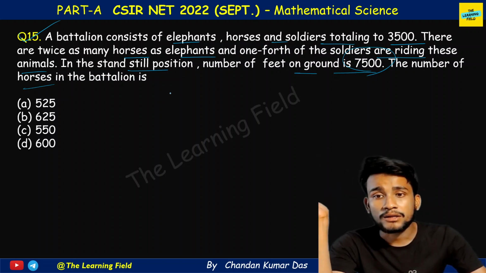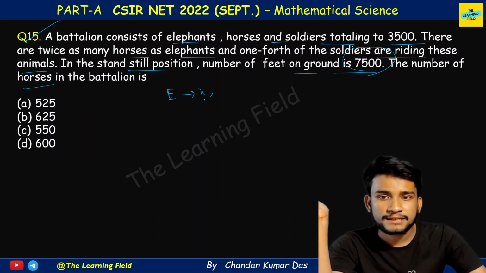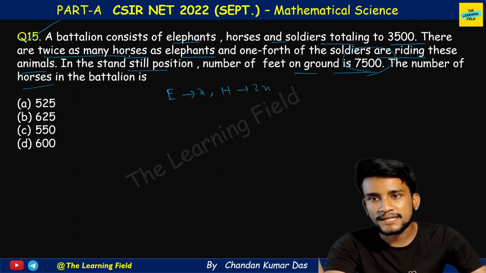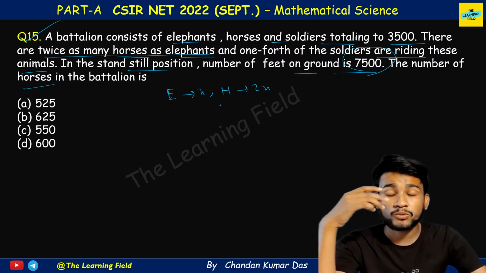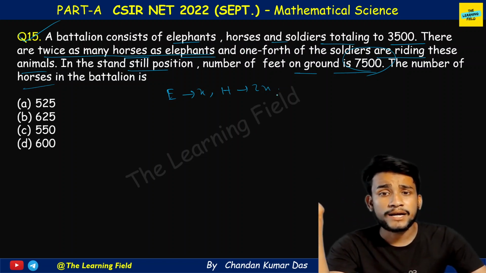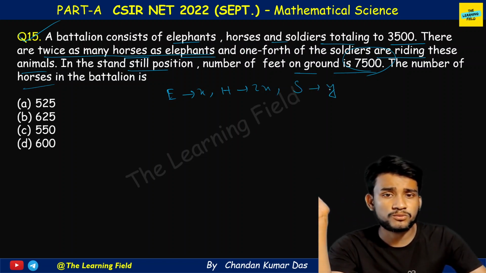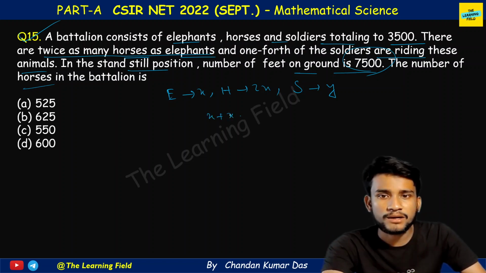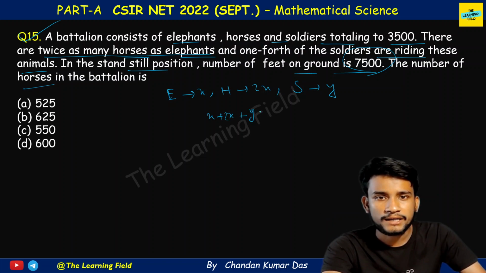Suppose the number of elephants is x, therefore the number of horses is 2x, because it says twice as many horses as elephants. And suppose the number of soldiers is y, then the total, x plus 2x plus y, is equal to 3500.